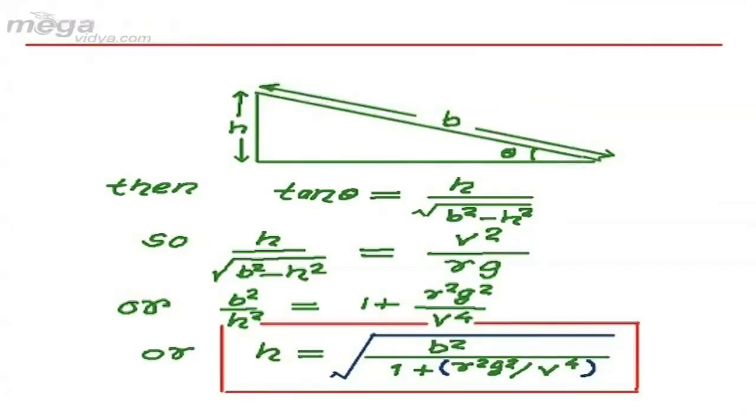Finally, solving it, we get h equal to the square root of b square divided by 1 plus r square g square divided by v to the power 4. By this equation, the height of the outer edge with respect to the inner edge can be calculated, that for a particular speed, what must be the height of the outer edge with respect to the inner edge. I think you got what I wanted to show you by this analysis.